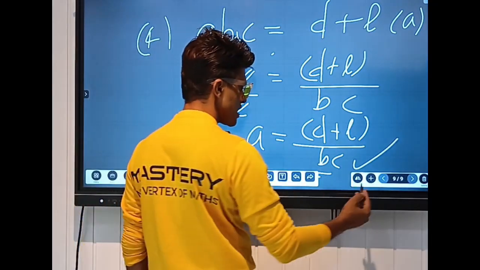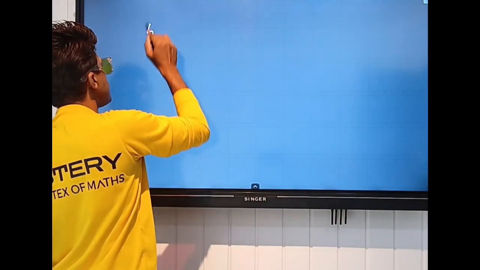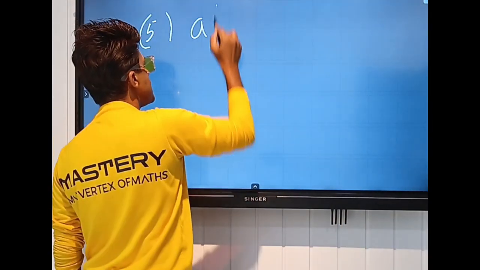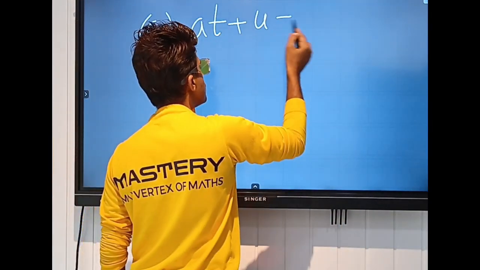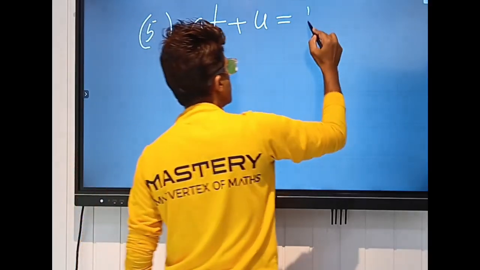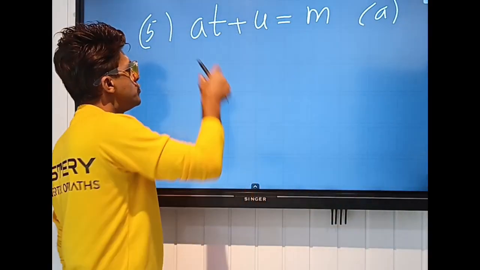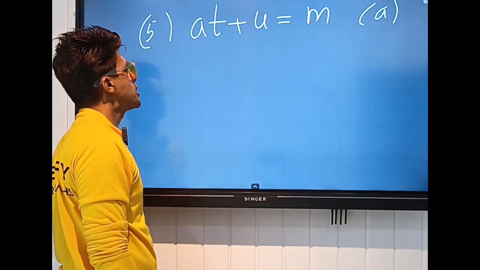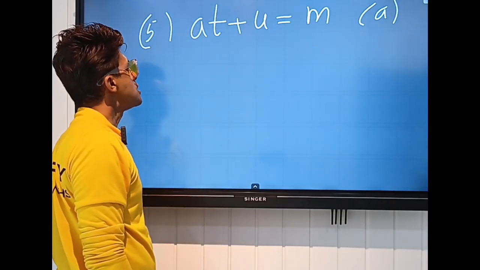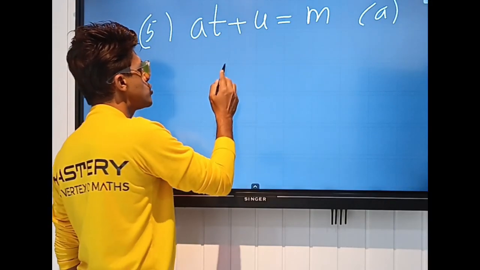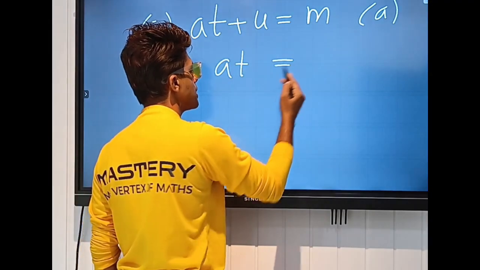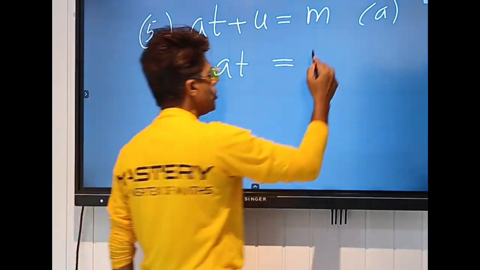So the fifth question is at plus u equals m. You should write the term a as the subject of this formula. So these two terms, including the term a, are kept here, I mean at right now.